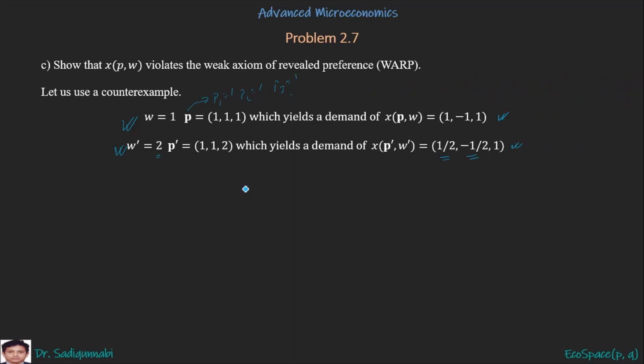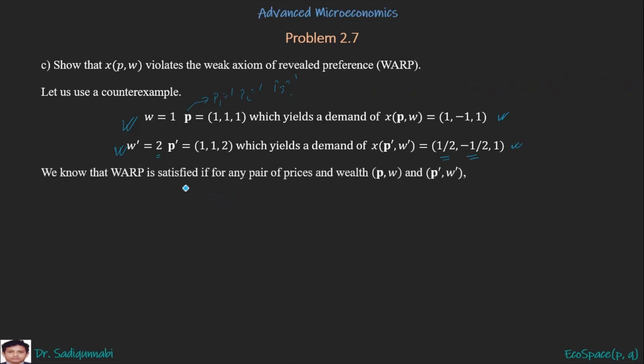So in order for WARP to be satisfied, if for any pair of two prices and wealth, this is our definition for WARP. That means if the new bundle with the old price is affordable, then the old bundle with the new price must not be affordable.